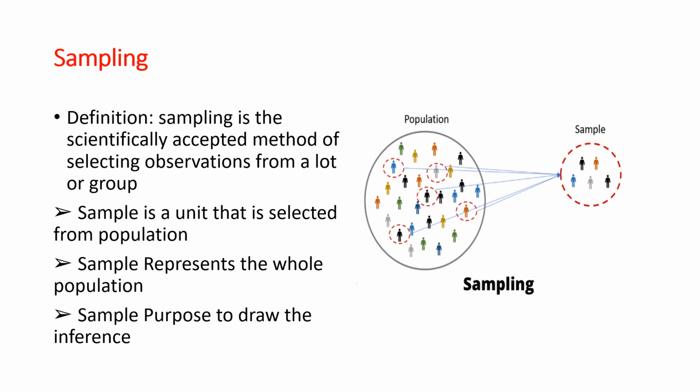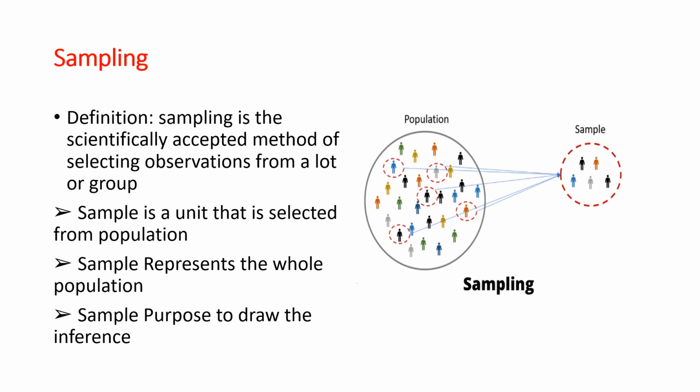So what is this sampling? If you look at the definition, it's put up as the scientifically accepted method of selecting observations from a lot or group. If you take this bigger circle with a multitude of figures inside as the population, selecting some from that bigger circle into a smaller circle is the sample.